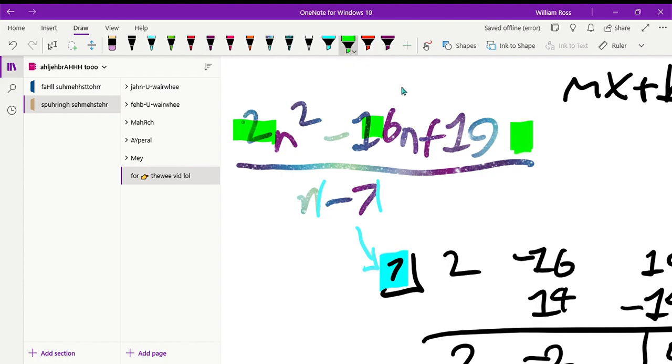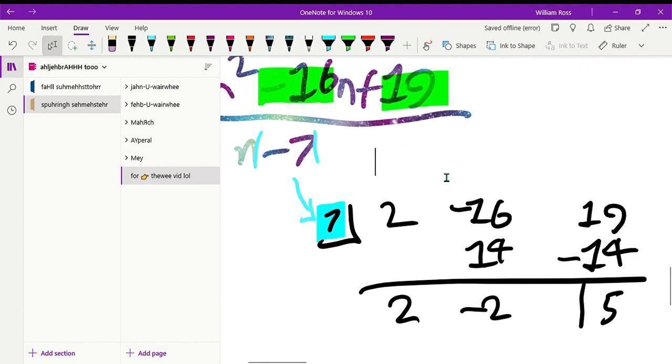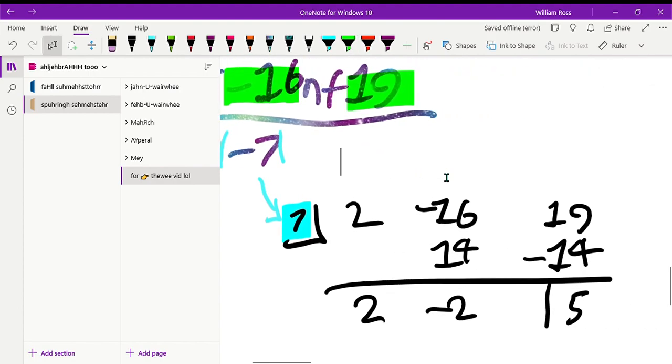There you go. Good enough. So all these coefficients, numbers, will be transferred over here. And then whatever's over here, drop it down.